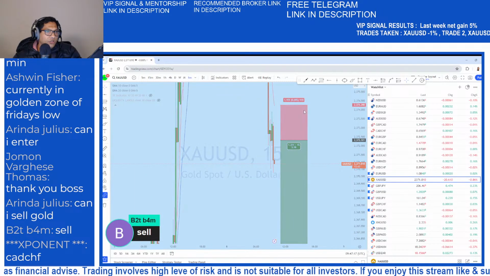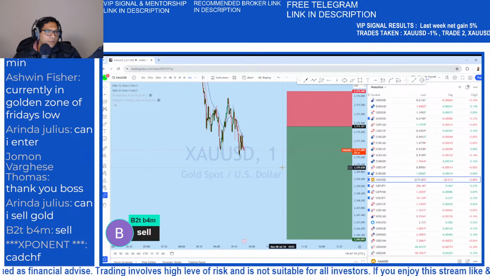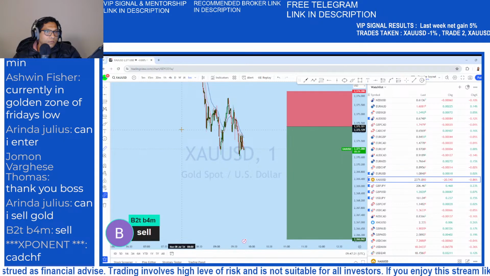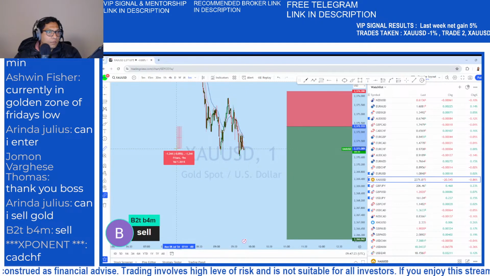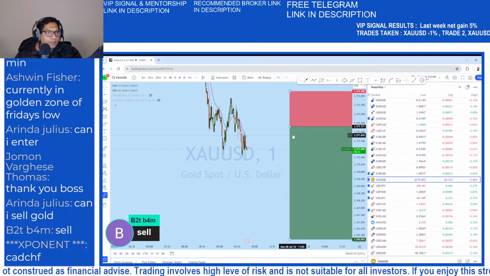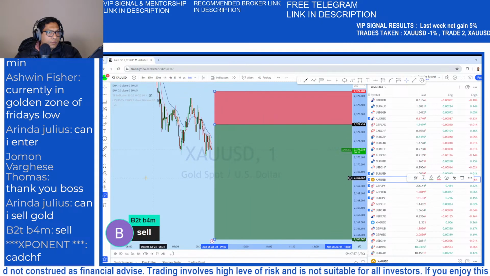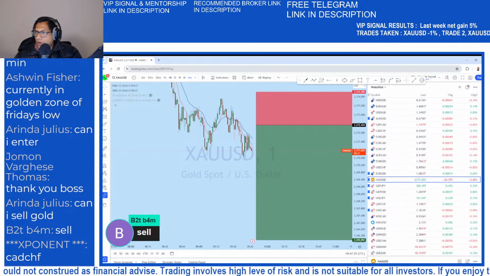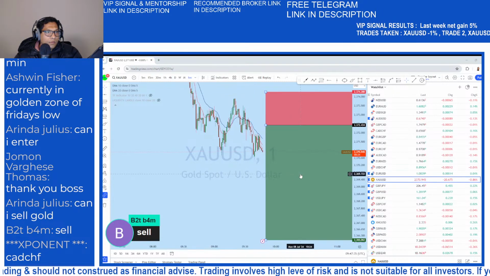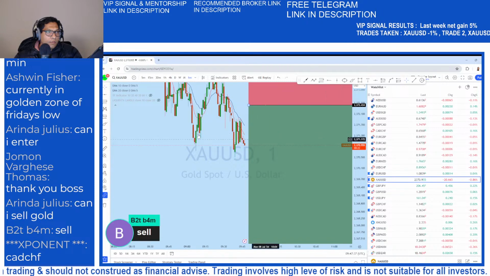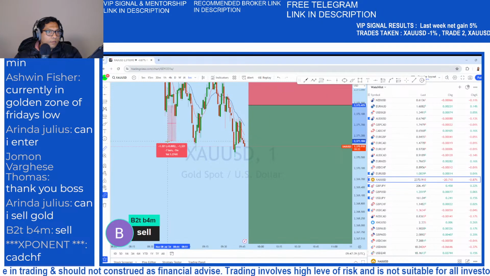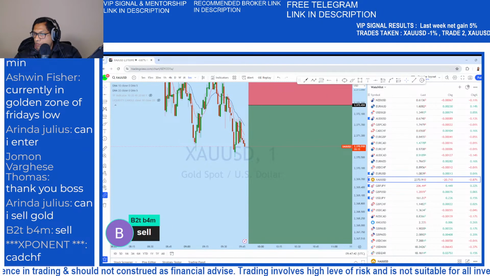Expecting it to remain bearish. You guys with me? So we are running the same trade. 16p profit running, which is nearly 1%.